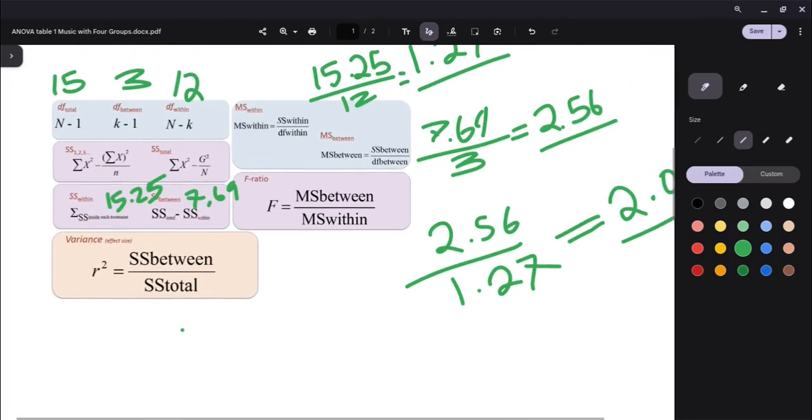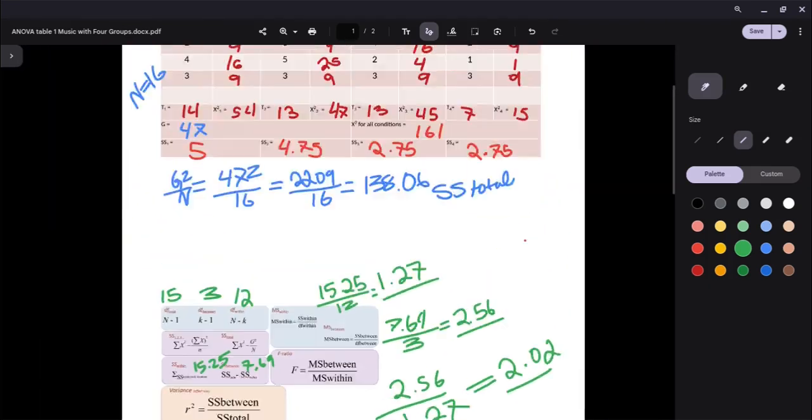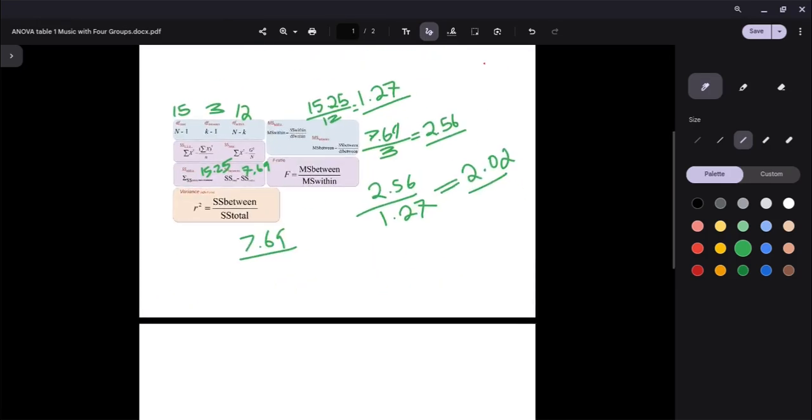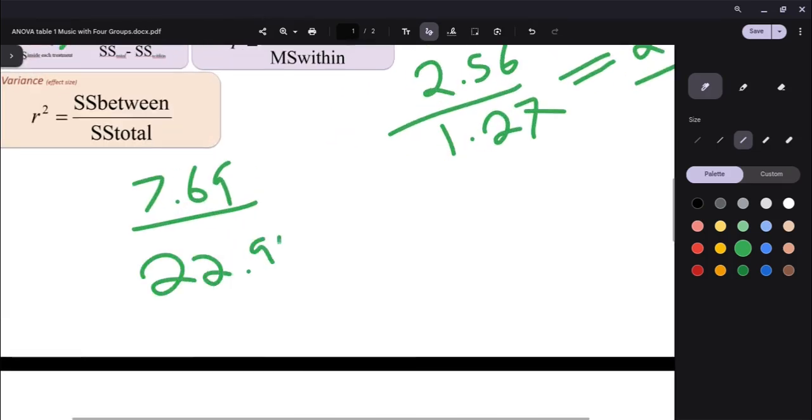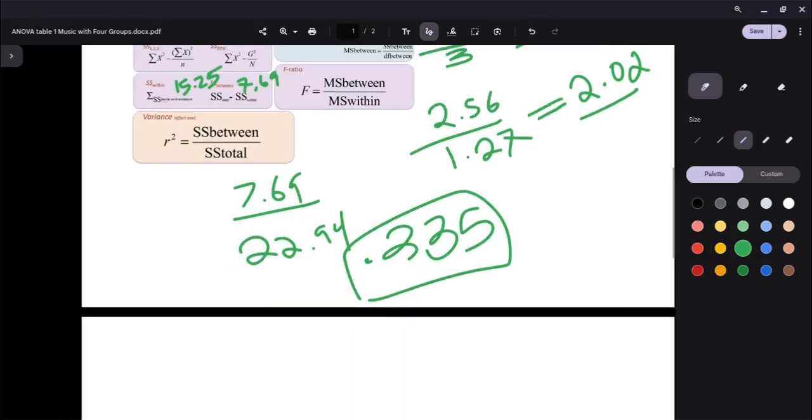So our SS between is 7.69 divided by our SS total, which should be 22.94. And 7.69 divided by 22.94 is 0.335.